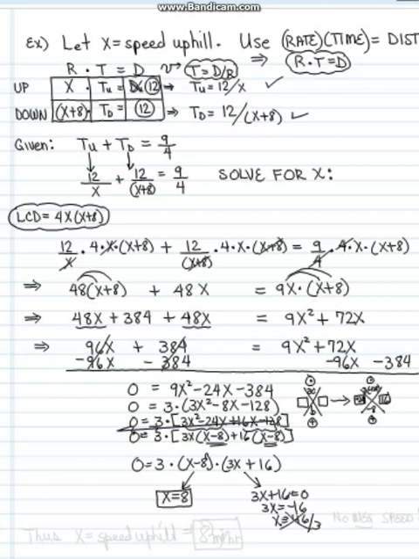But this one you're going to throw away because x is the speed uphill, and we want no negative speeds. So we're done. Thus, x equals the speed uphill, and that's equal to 8 miles per hour.